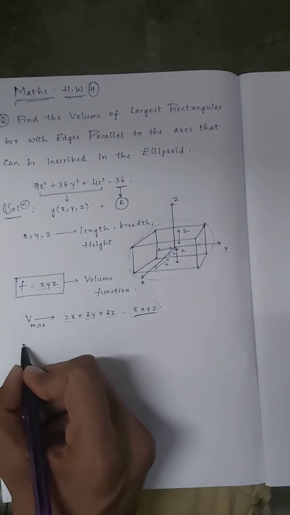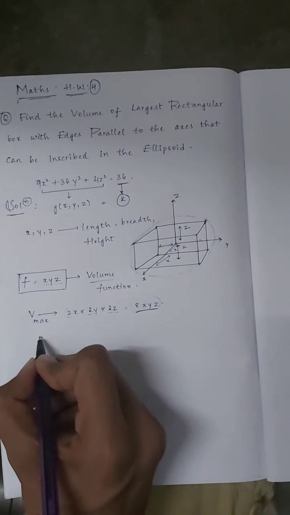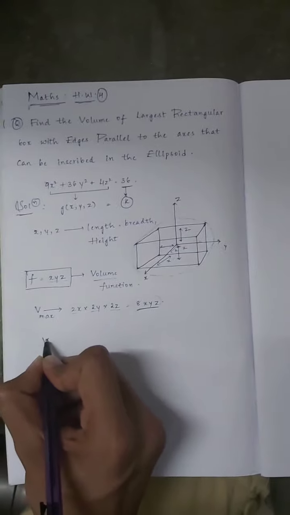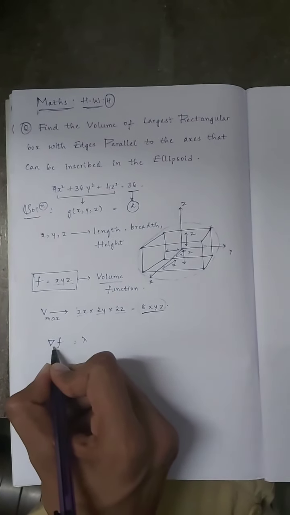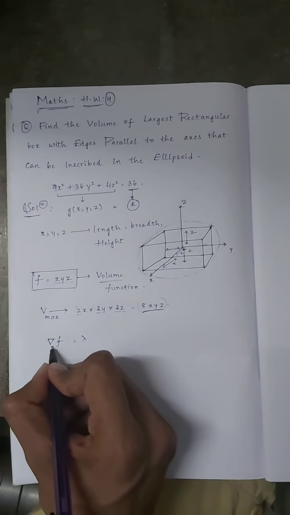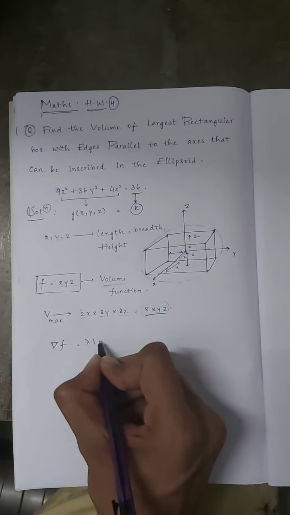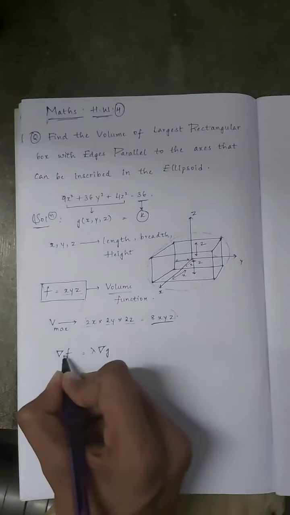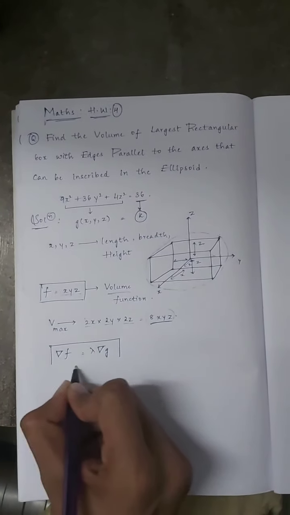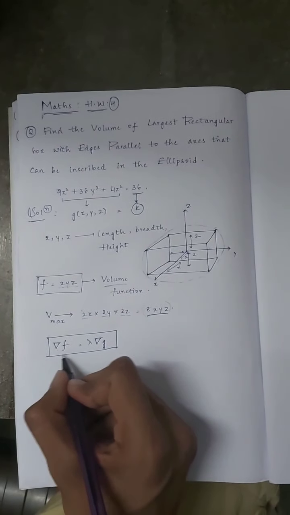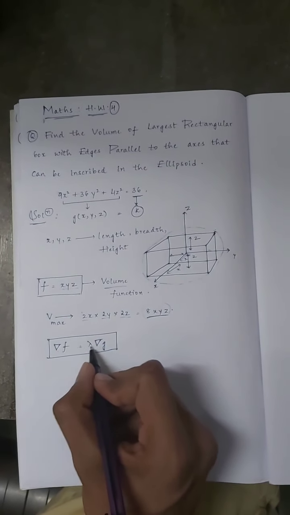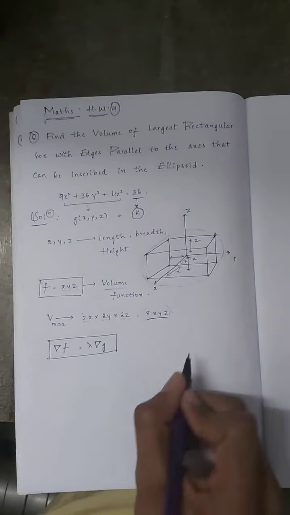So let us take the volume function first, and apply Lagrange's multiplier. Lagrange's multiplier tells that the gradient vector of the function is equal to lambda times the gradient vector of the other function.